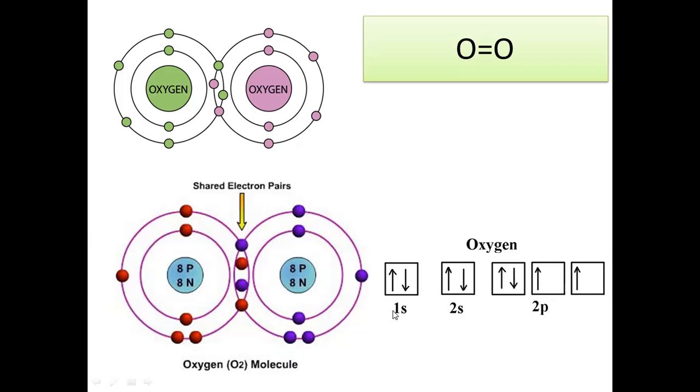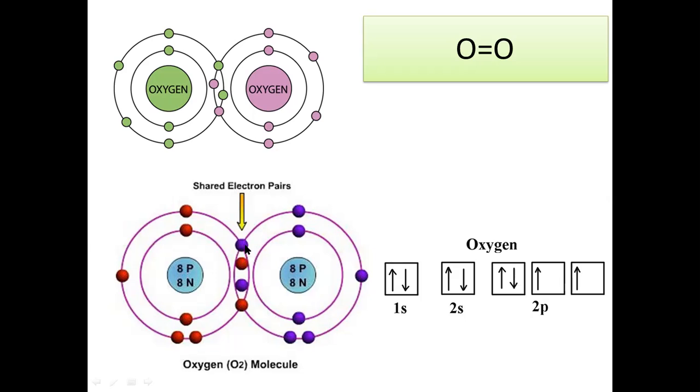In the first shell, there is 1s2, so you may see over here, there are two electrons in the first shell, and then in the second shell, there are six electrons, 2, 4, 5, and 6.